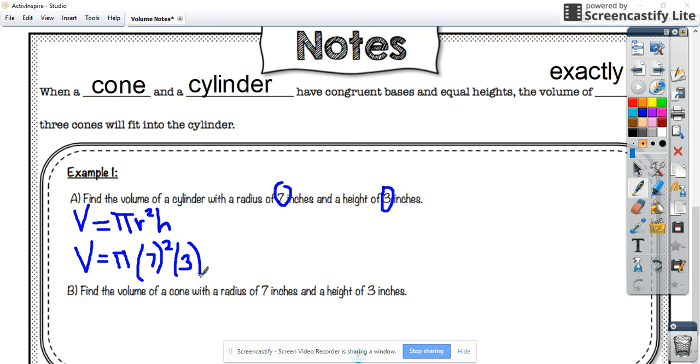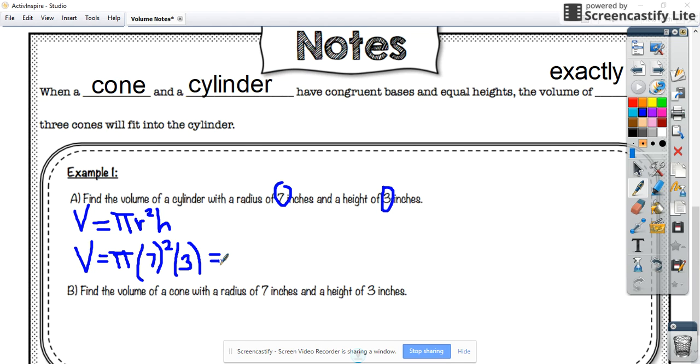I would encourage you to get a calculator and do this with me. The first thing that I would do is type in 7, and then there's a button that says x squared on it that will square the 7 for you. So I would type 7, and then the button that says x squared.